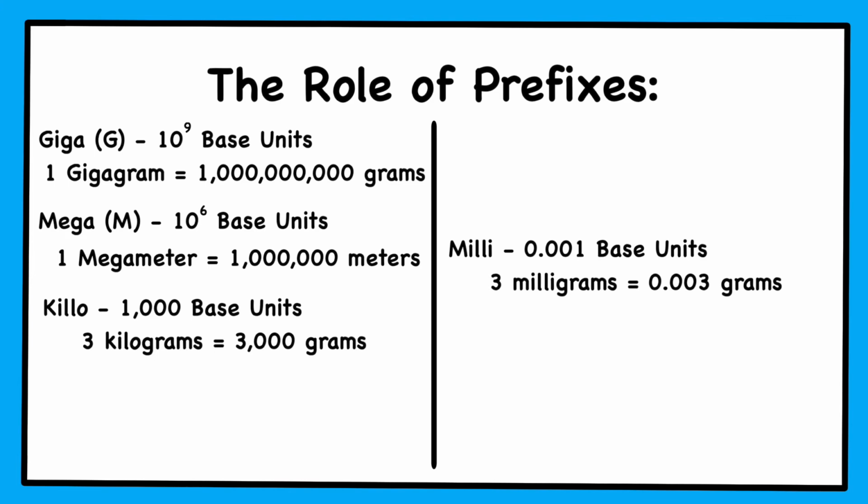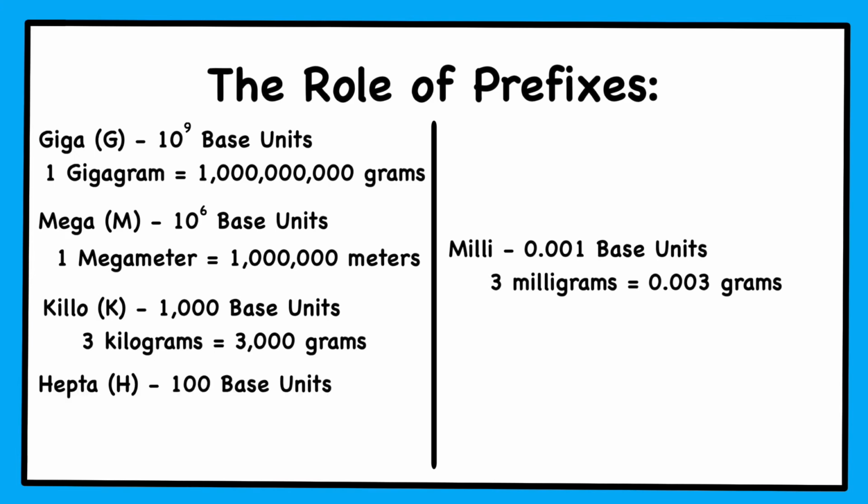As we continue to work our way down, the prefix kilo, we said, means 1,000, and that is with a lowercase k. We continue down, we see hecto with a capital H means 100, and deca with a capital D means 10.